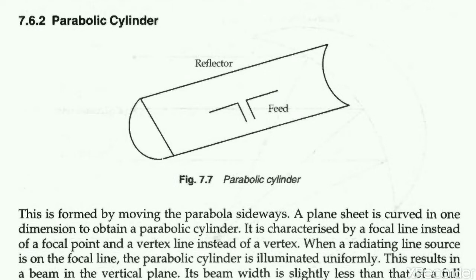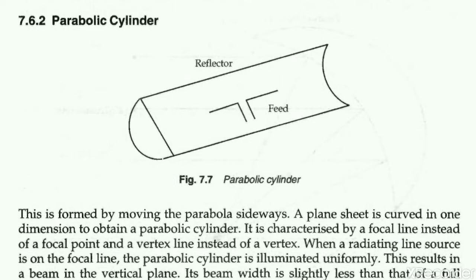If we see the basic structure of parabolic reflectors, there is a complete parabola, and at the center point there is a vertex point which is normally denoted by A, and at some wavelength distance from this vertex point there is a focal point, which is nothing but the feed antenna point.